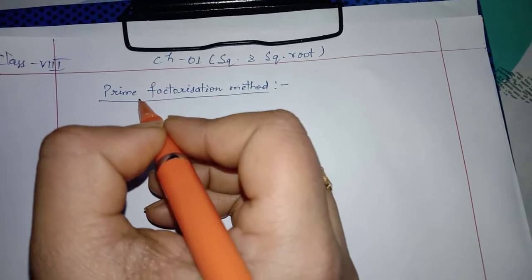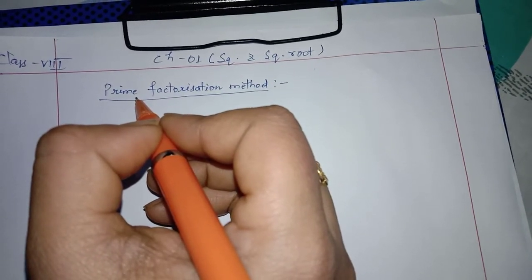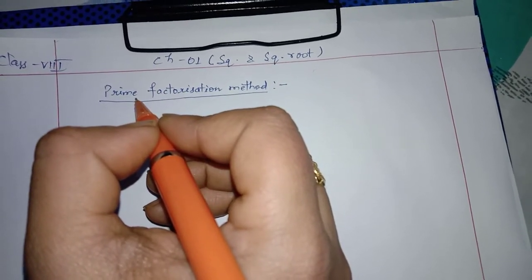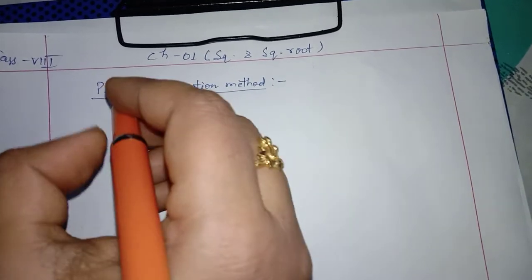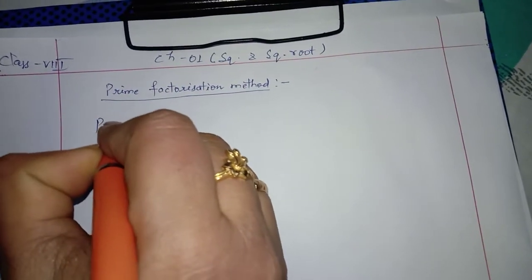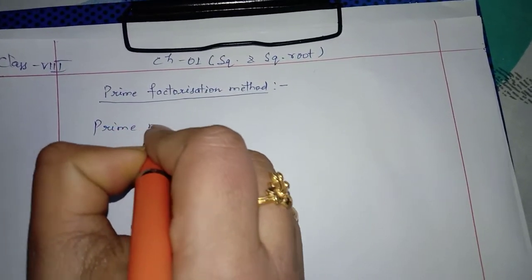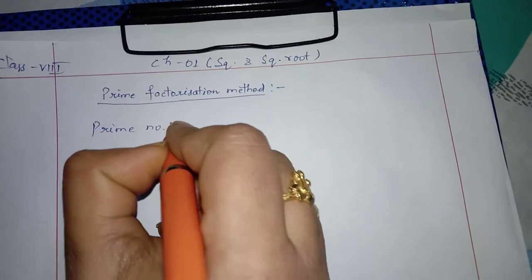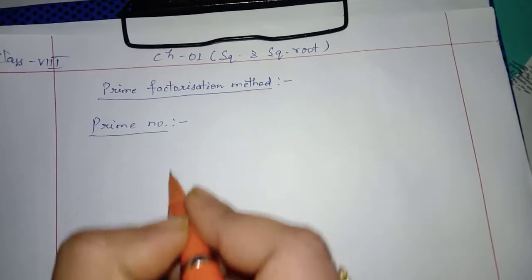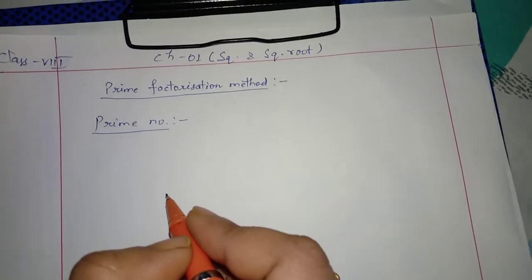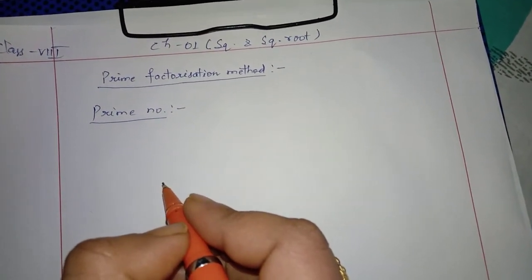I think first of all we have to understand prime numbers. What are prime numbers? If we don't know about prime numbers, then how can we apply them in factorization?